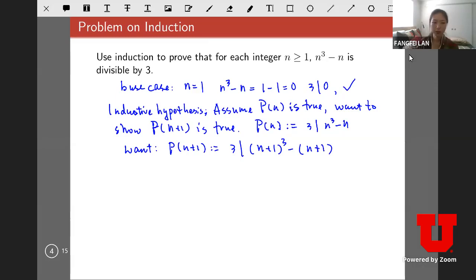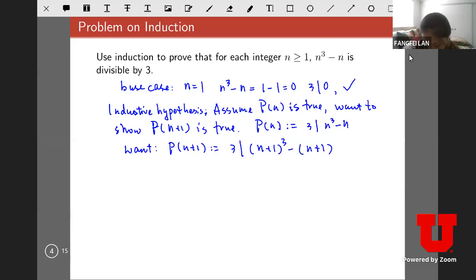What do we do now? So we want Pn plus 1. Okay, so this is just some simple algebra, not too bad.